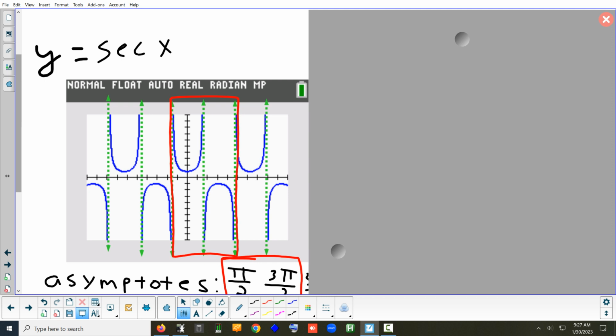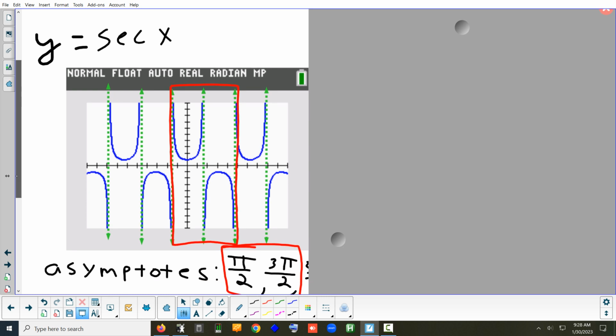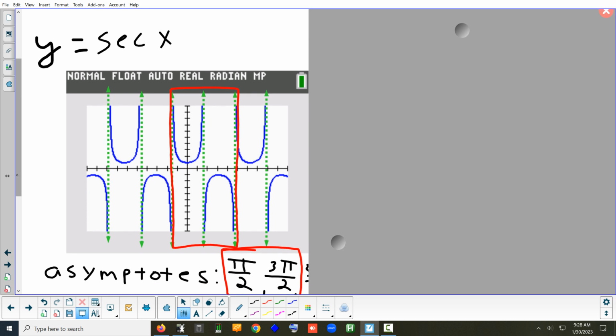One U shape, one N shape. And if you keep copying and pasting those U and N shapes, that's what it looks like. And if I just finish that one up, it's not very good here. Put one more. That's my second cycle.